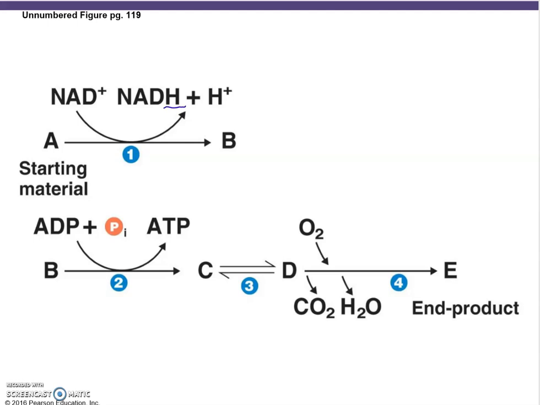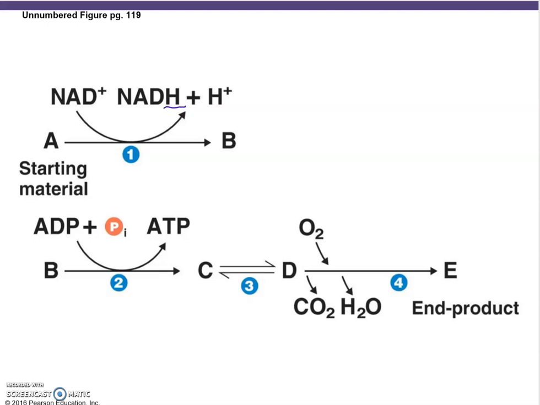And then the NADH, this molecule, will then move the hydrogens to the electron transport chain, where we then rip them apart into hydrogen ions and then the electrons that we need to make all that ATP. So anyway, the goal will be to add phosphates to ADP one way or the other, and generate a lot of ATP.